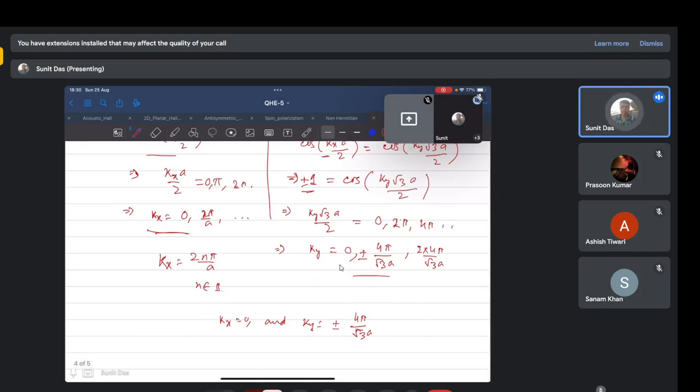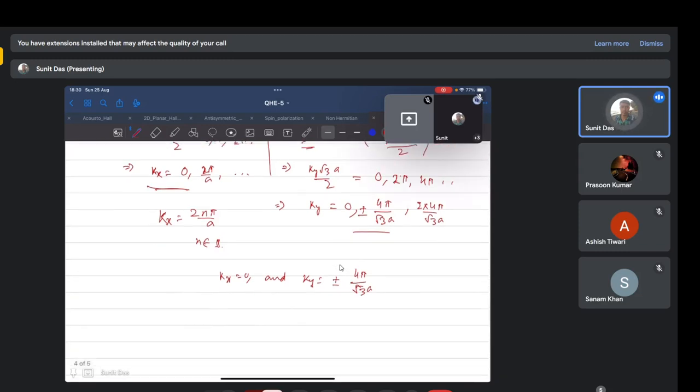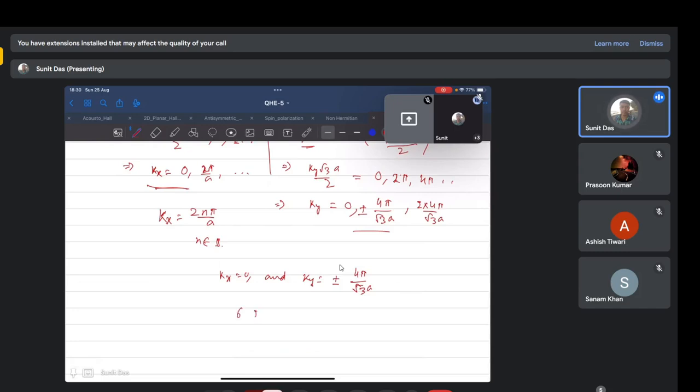And similarly, we can find other possibilities. So in total, we need to get 6 Dirac points, corresponding to the 6 band touching points that we have seen. So this already gives me two Dirac points. One is 0 and 4 pi by root 3a, and another one is 0 and minus 4 pi by root 3a.